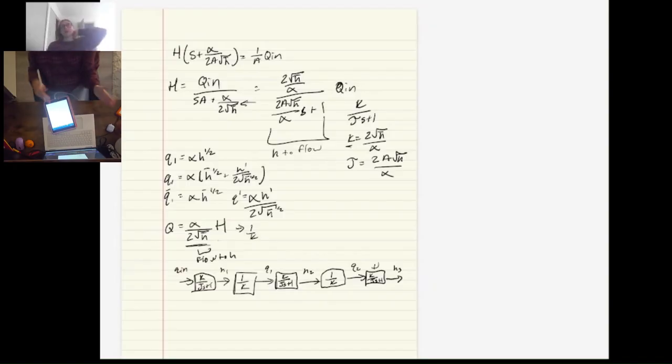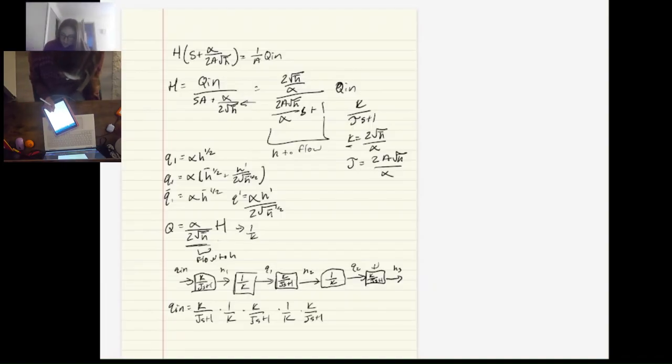Now if we look at all of this, and we have our function all together, we're going from Qn to H3. What we just need to do is Qn is equal to H is K over tau S plus 1 times tau S plus 1, tau S plus 1, right?